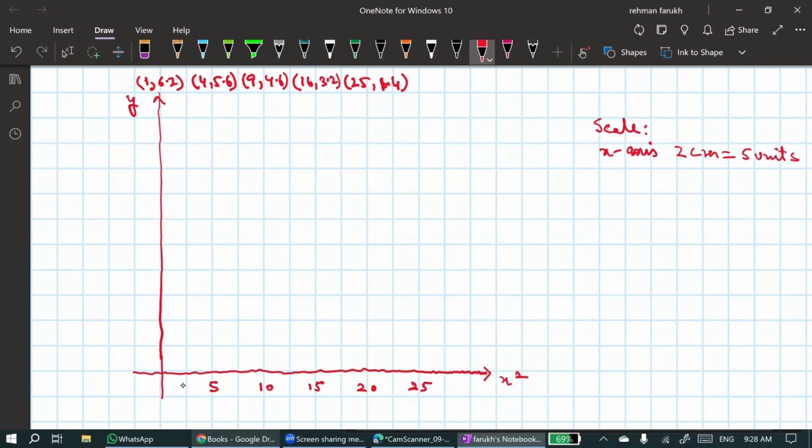And for y-axis, the lowest value is 1 and the highest value is 5.6, so 1, 2, 3, 4, and 5.